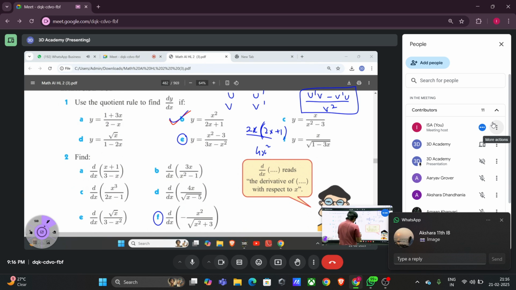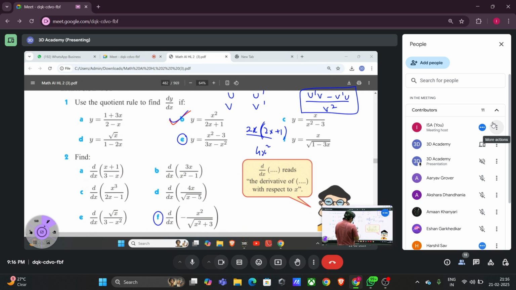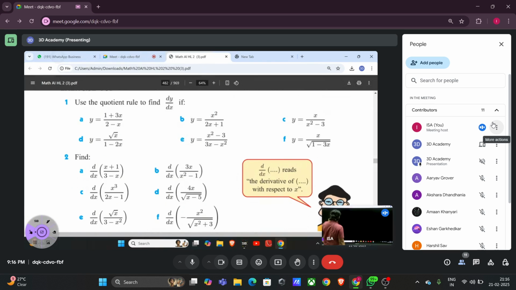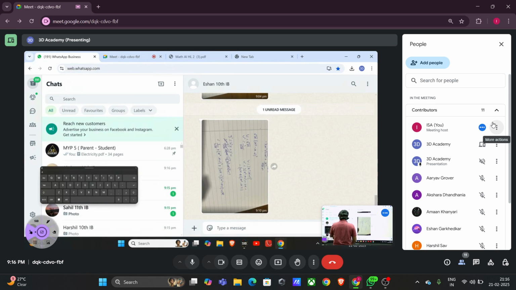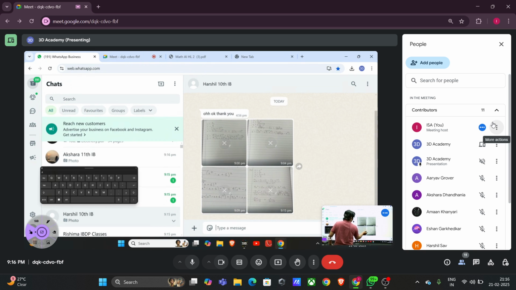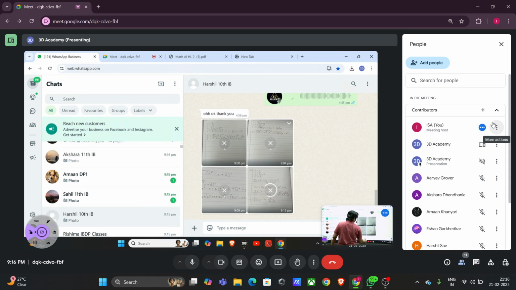ठीक है, देखो, don't mind if I show your example on board, because many students make this mistake. That's why I just want others to look at it. देखो guys, this is the common mistake everyone does. No, not everyone, but 99% students do the same mistake. एक सेकेंड, लोड हो रहा है.